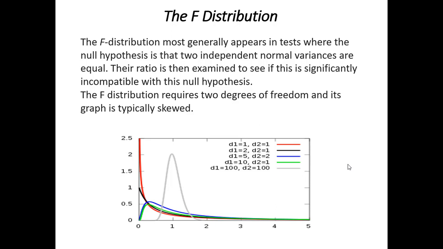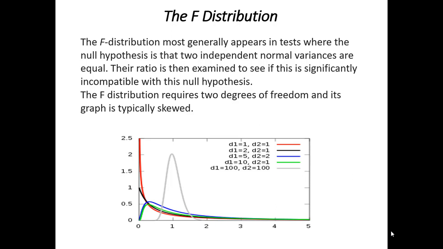Okay, so that concludes example 3. In our last example, we're going to take a look at the F distribution. The F distribution most generally appears in tests where the null hypothesis is that 2 independent normal variances are equal.